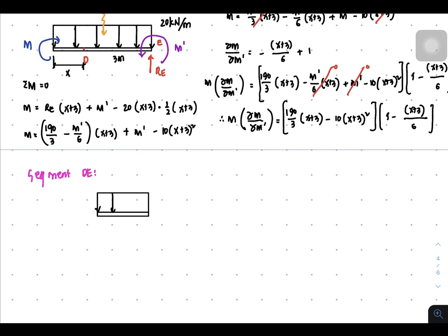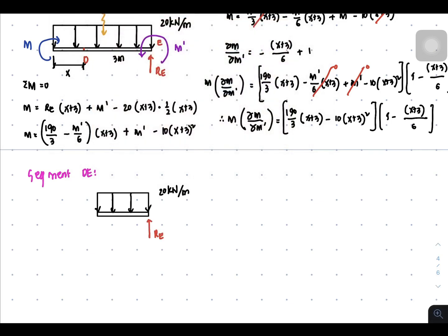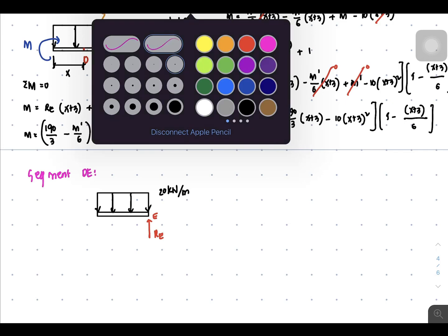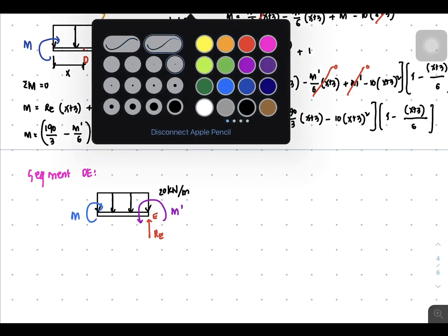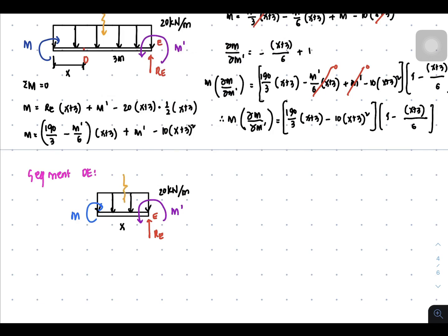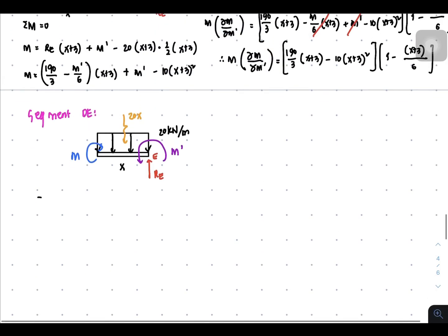And of course, do not forget, this is 20 kilonewtons per meter, where this is RE, since you have point E here. And of course, you have this rotational M prime, and this is the point of cutting, M, and at this portion, this is X. Then the resultant is now 20 times X. So in this case, we are now going to get the moment equation.